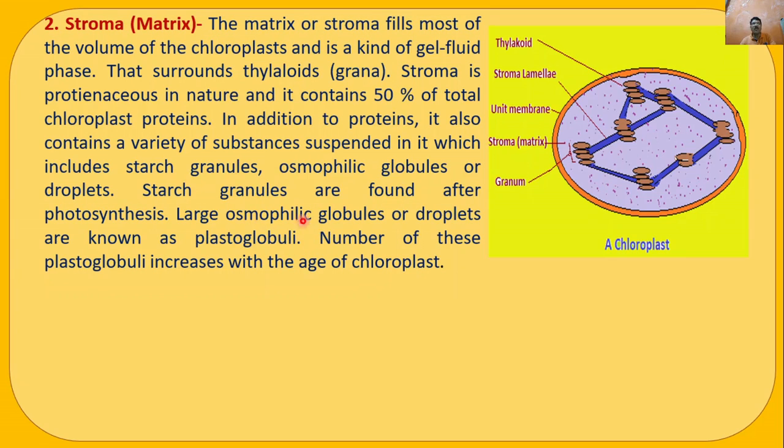Starch granules are found after photosynthesis. Large osmophilic globules or droplets are also known as plastoglobuli. They are also present in this stroma. The number of these plastoglobuli increases with the age of the chloroplast.